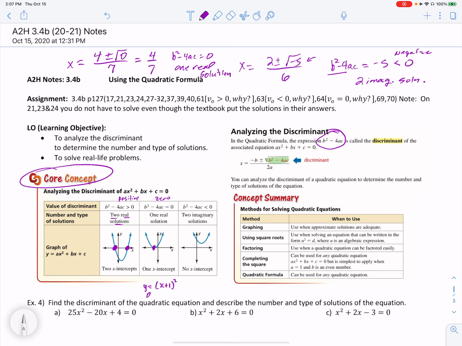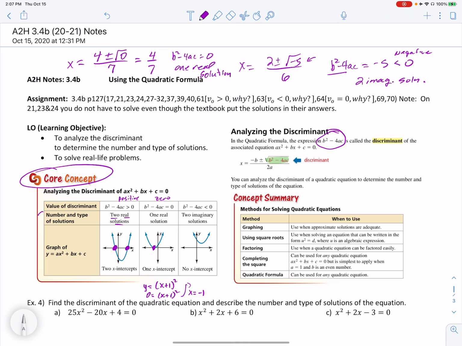And so if I wanted to know where that was 0, since it's the same quantity, it just ends up that x equaling negative 1 would be the place where it crosses, and it's the same root because it's the same factor repeated. And so that's where you're going to get a discriminant that is 0. And it means you will have one real solution.